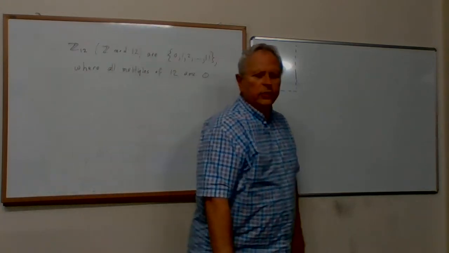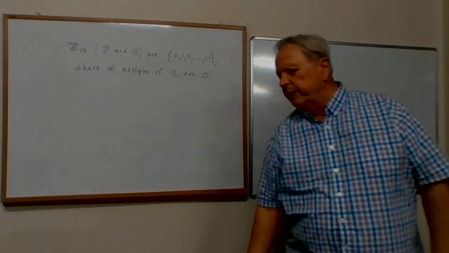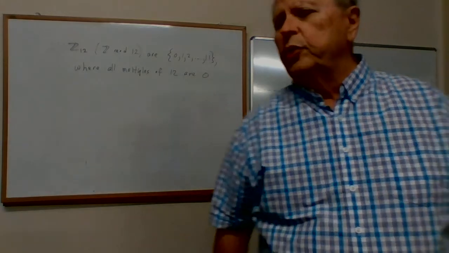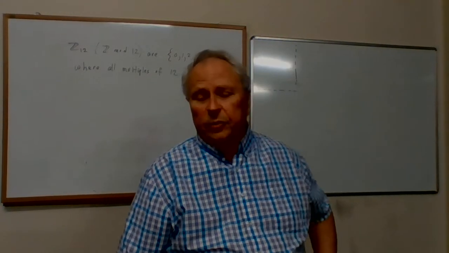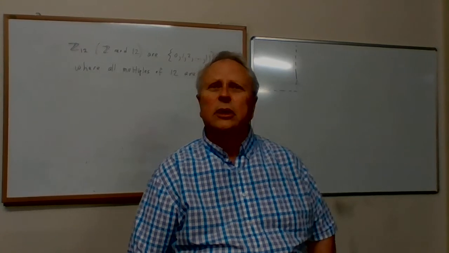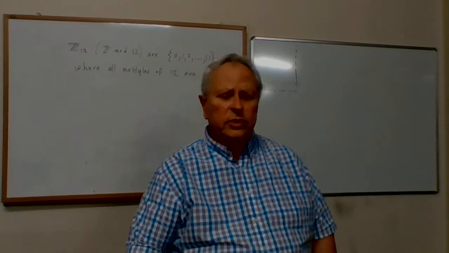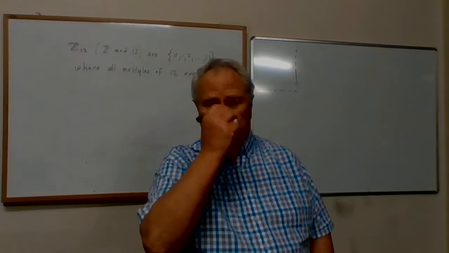Okay, now there's some stuff going on in the background here, and I don't want to stress it too heavily because we're not going to be really studying finite rings and finite fields very much, but you will be studying them a little bit. You'll have a couple of homework problems on them.